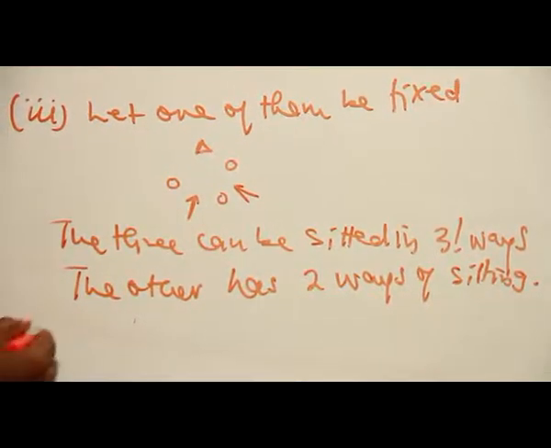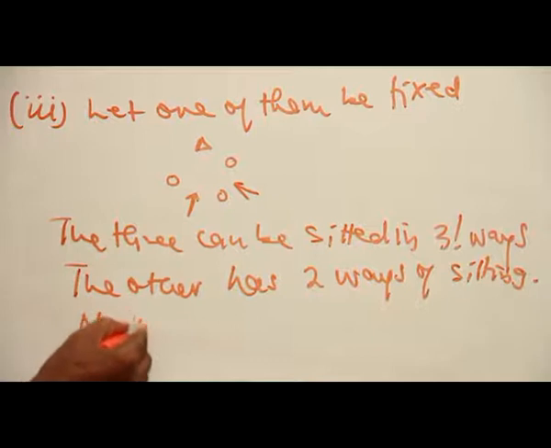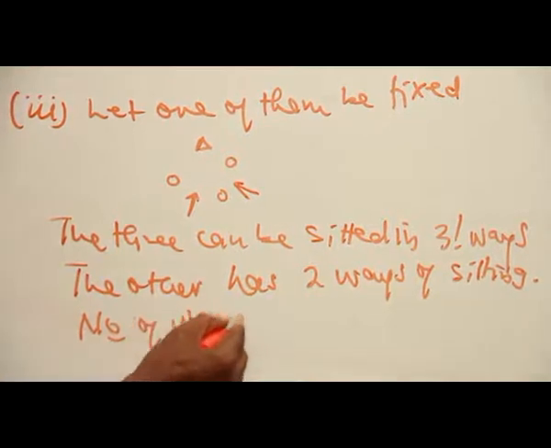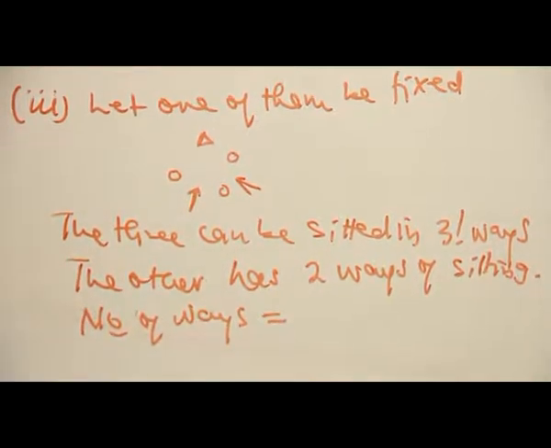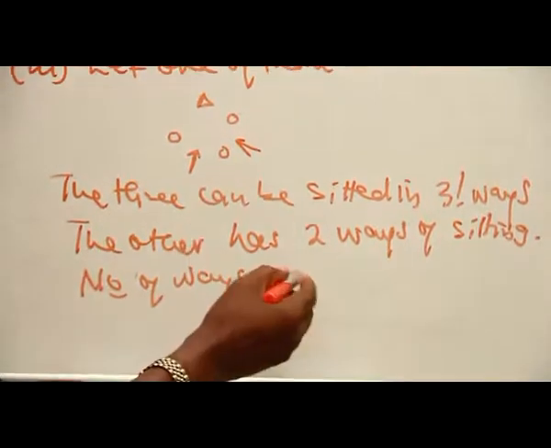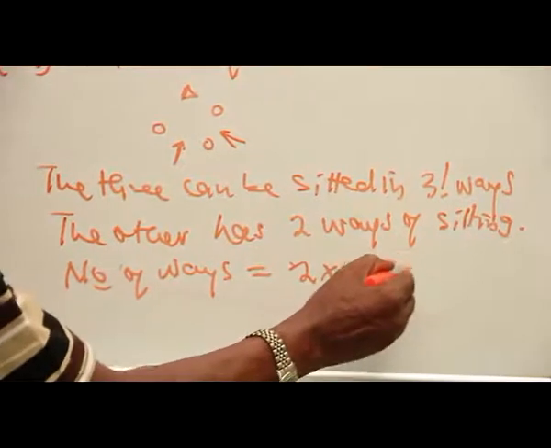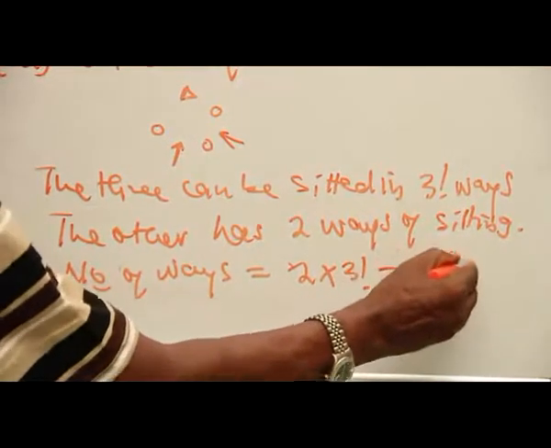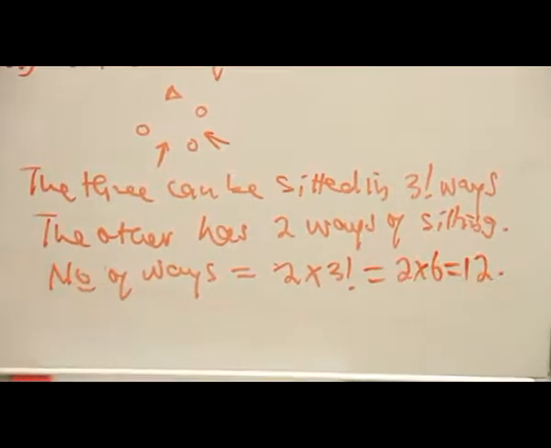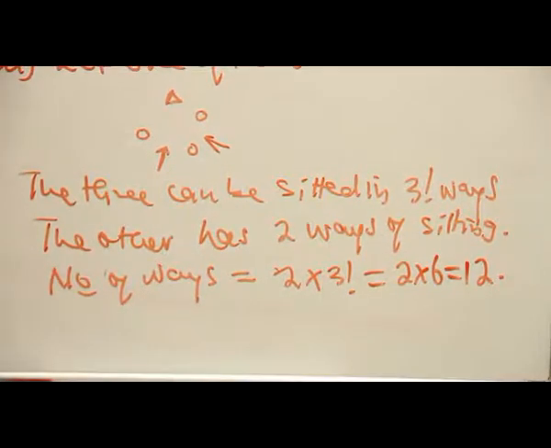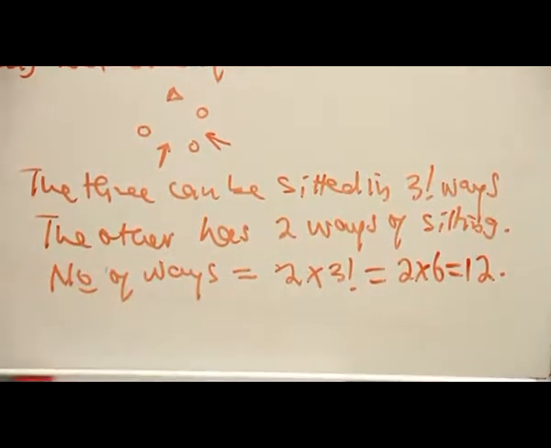So how many ways do we have? The number of ways will now be equal to 2 times the 3 factorial ways. 2 times 6 equal to 12. So you have 12 ways of doing that.